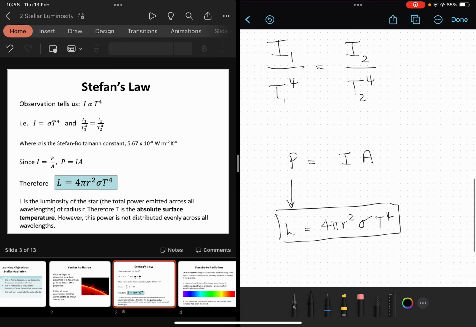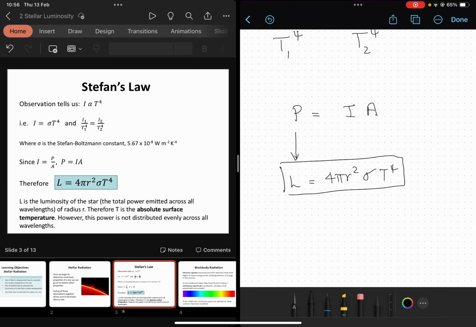Now, it's really important that we define carefully what we mean by R and T. We are going to define R not as the distance away from the star, but the radius of that star. And therefore, T is the surface temperature.